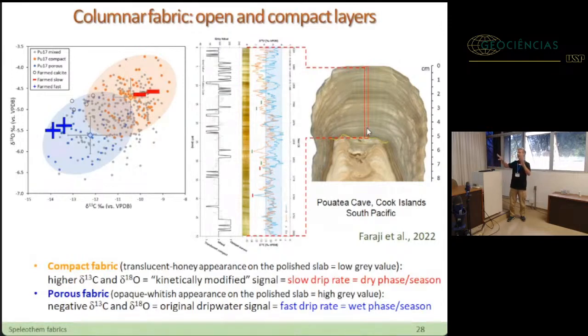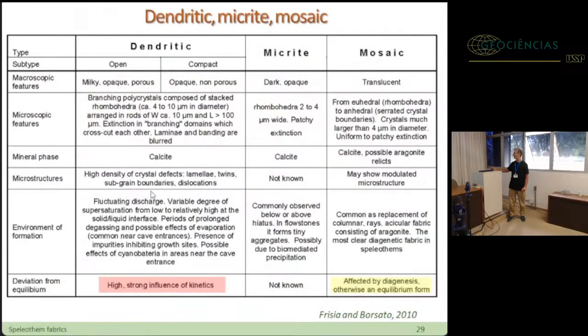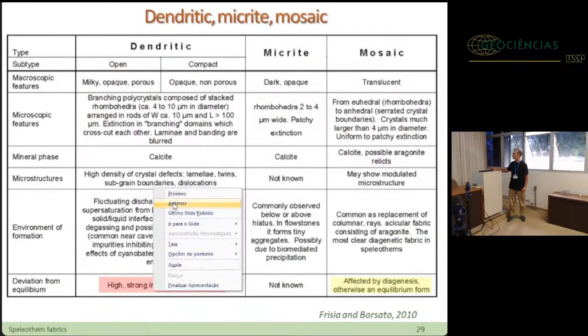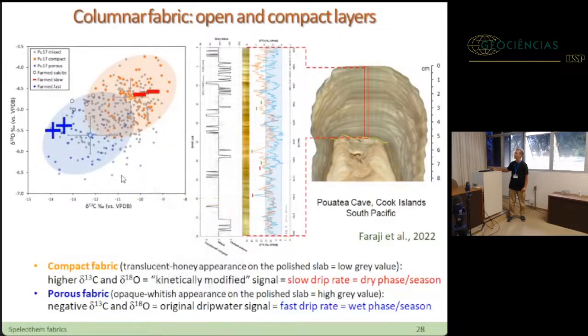So we distinguish the end member porous and end member compact, and this is the cross plot of oxygen versus carbon.